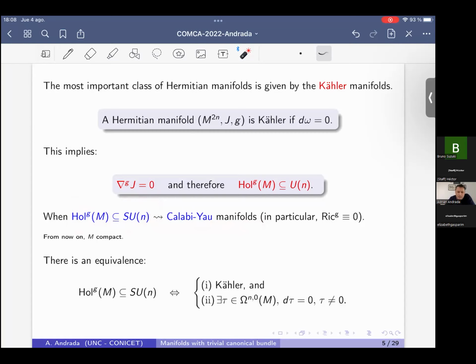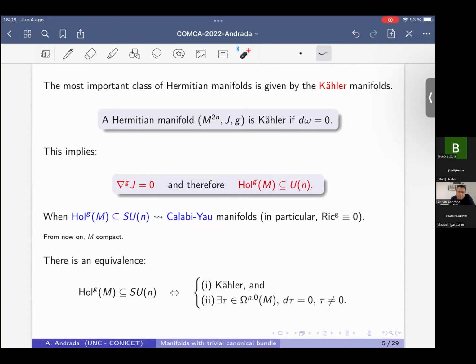Some are stronger, some ask for an equality here, not only included but equal to. But here we will use this definition. There are several inequivalent definitions, but this one will do for our purposes. And in particular, when we have this, the metric is always Ricci flat.